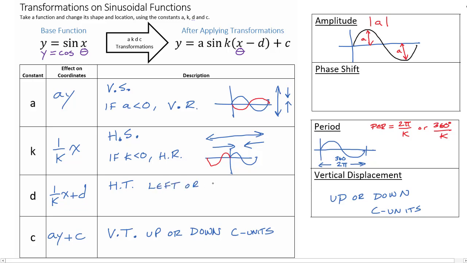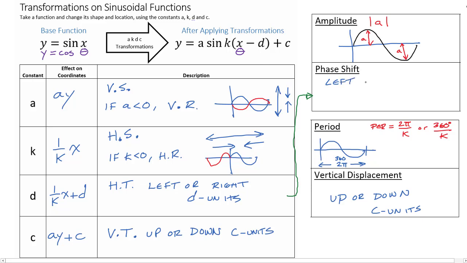And that's it, d units. Now, that goes with something called, in physics especially, they like to call it the phase shift, okay? It's just another way of saying exactly what we said, okay? So your phase shift, you can describe it the exact same way. You can just say you've made a horizontal translation. You can just say left or right, exact same thing.